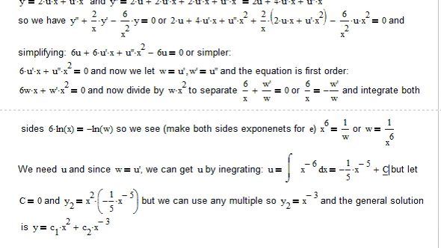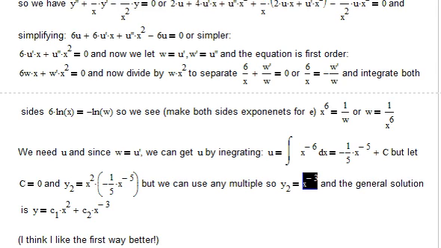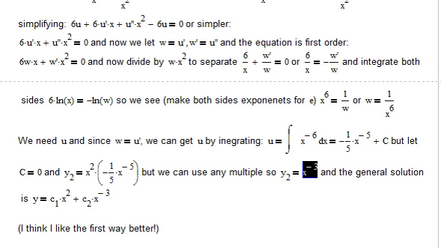But let c be 0, and then our y2 is x squared times negative 1/5 x to the negative 5. But we can use any multiple of this, so the negative 1/5 is irrelevant, so we're just going to use y2 as x to the negative 3, and the general solution is c1 x squared plus c2 times x to the negative 3. That was very satisfying. I'm glad.